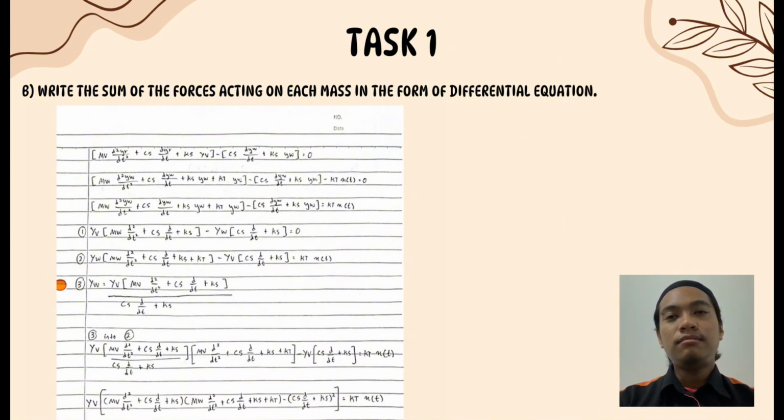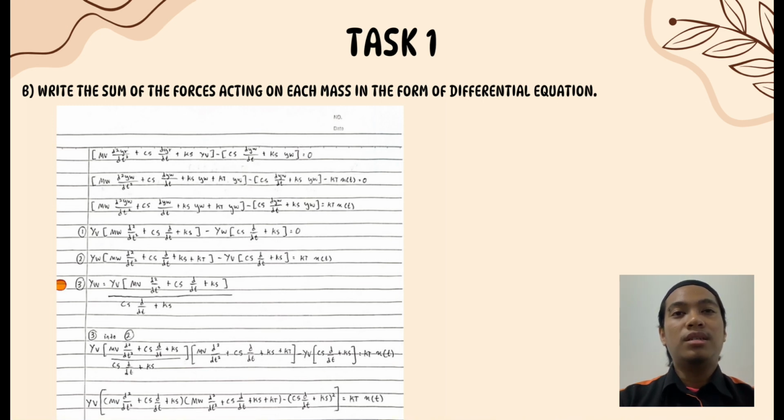Firstly, we must add the MV plus CS plus KS, which is attached with the MV mass block. After that, we minus CS plus KS equal to 0, which is the equation attached with the MW mass block.